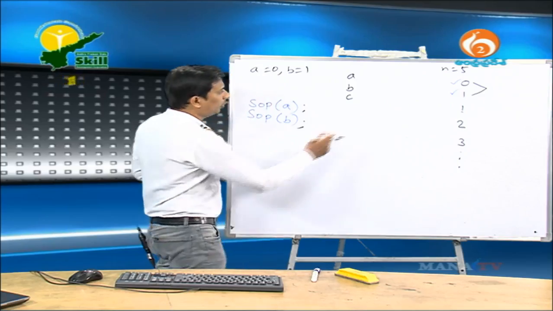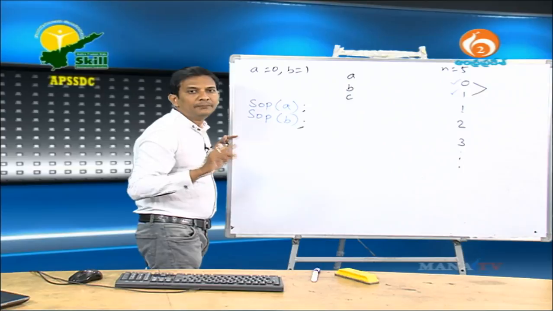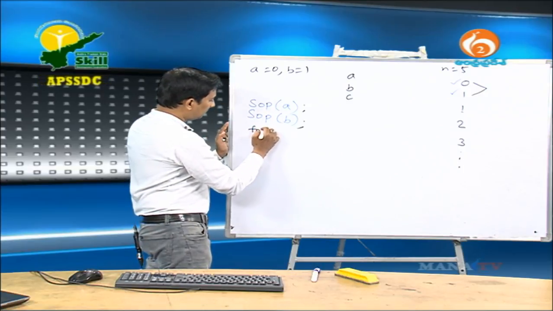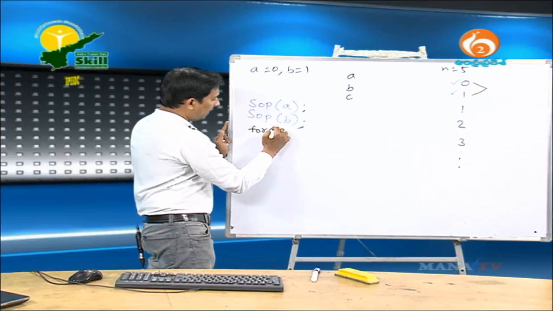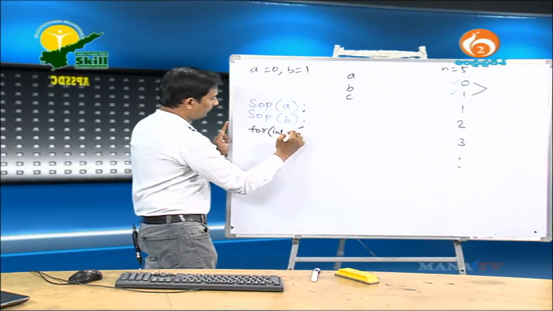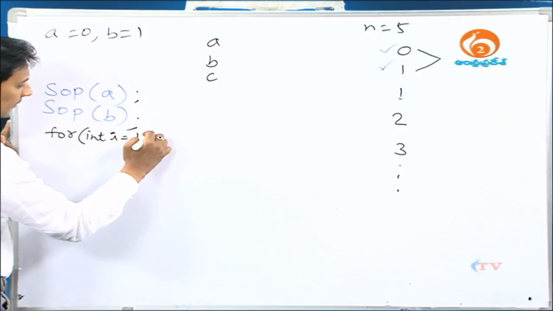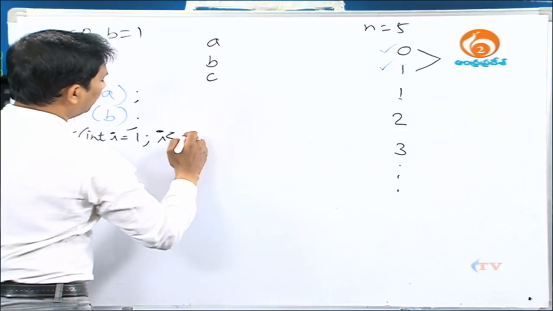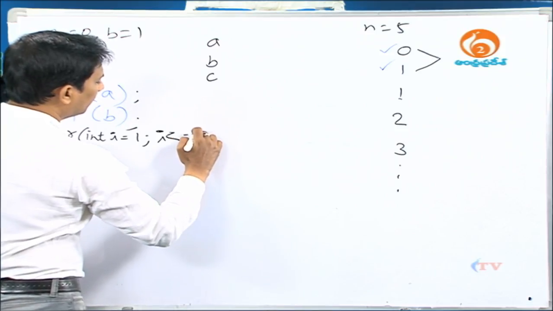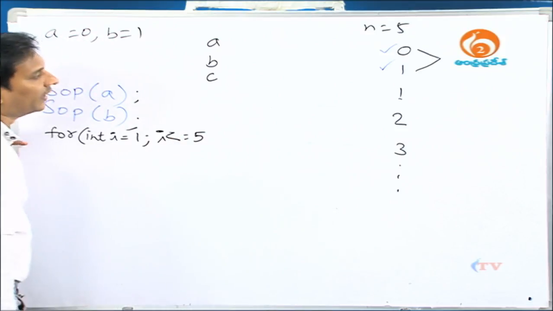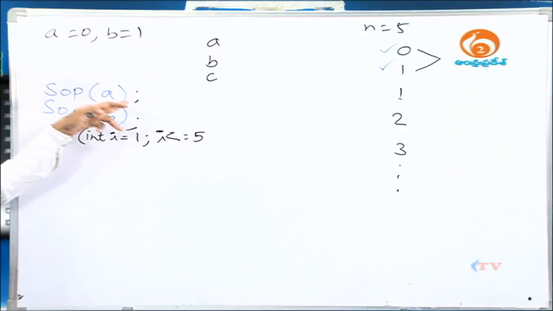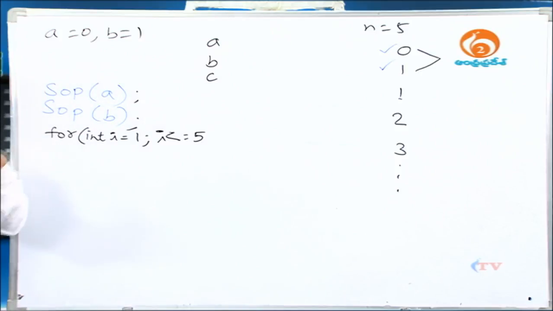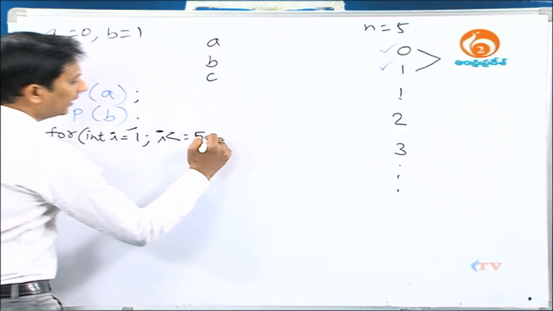To get this logic, we are using the for loop: for int i equal to 1, i less than or equal to, how many times you have to display? 5 terms. Already the first two terms are displayed, so I am writing here minus 2.